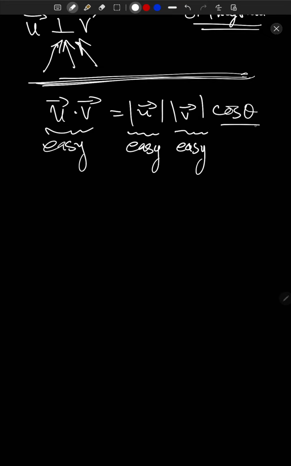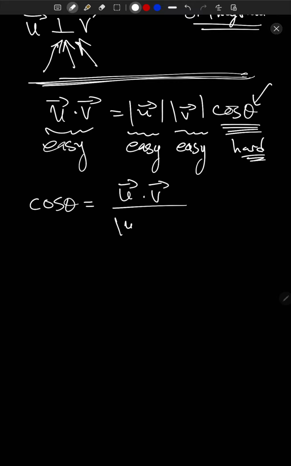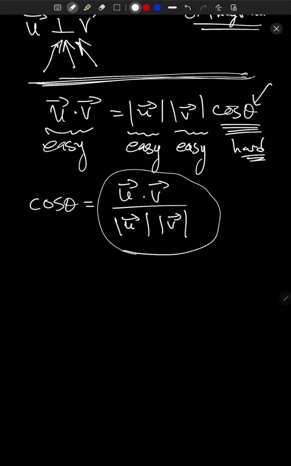But this guy here, cosine theta, hard. You have to do some trig in order to figure out the angle between two vectors. So ultimately, we can take this point of view: cosine theta is equal to u dot v over length of u, length of v. Everything on this right-hand side is easy.